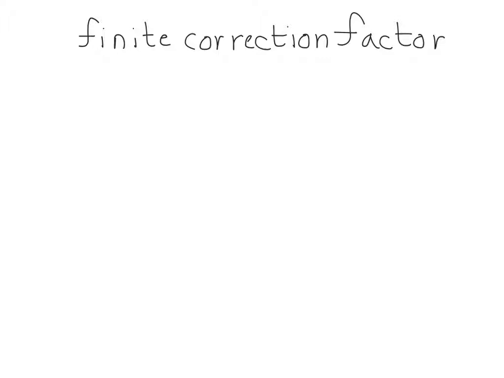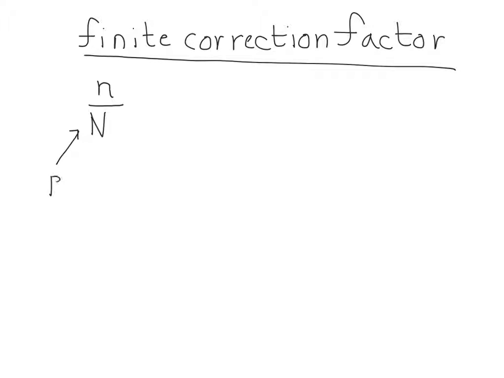So the first thing you want to recognize is that this finite correction factor is used when you take your sample size and you divide it by the population size. We know little n is used for the size of a sample. Big N is used for the size of a population.